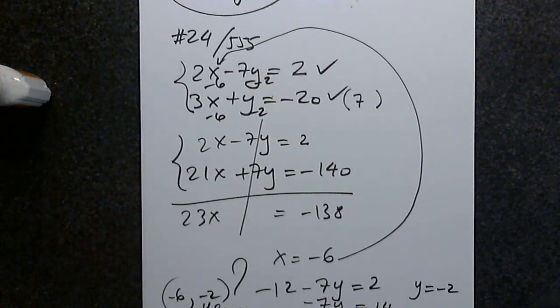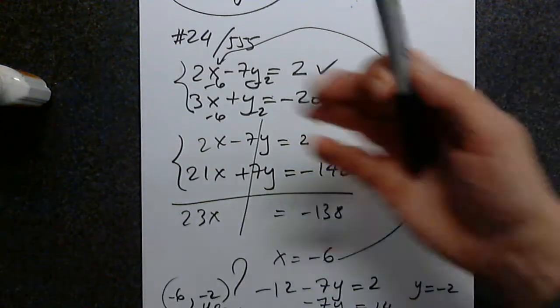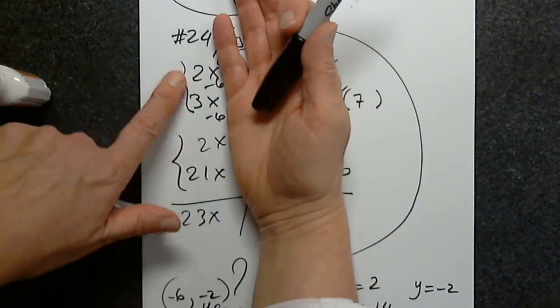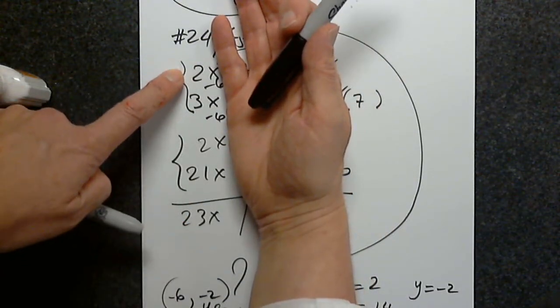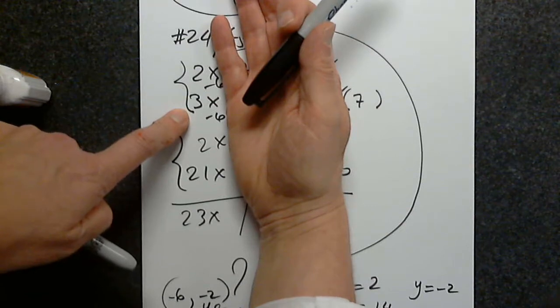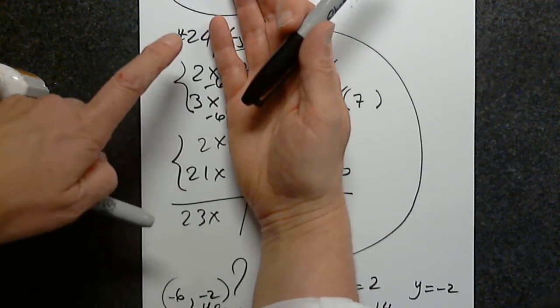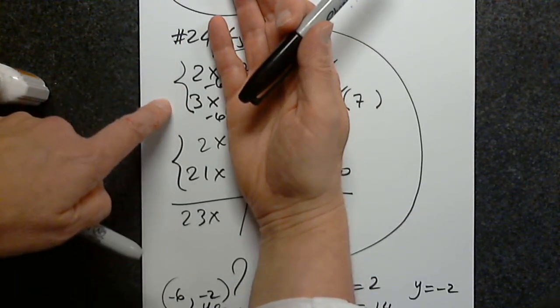Can you multiply by a negative number? Yes. Like if it was negative 7? Yes, because negative 7 minus 7 is not 0. So for example, if you want to eliminate x, you will multiply the top by, let's say, 3 and the bottom by negative 2. Or vice versa, by negative 3 and positive 2.